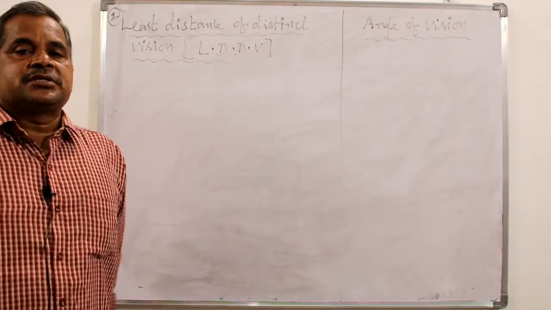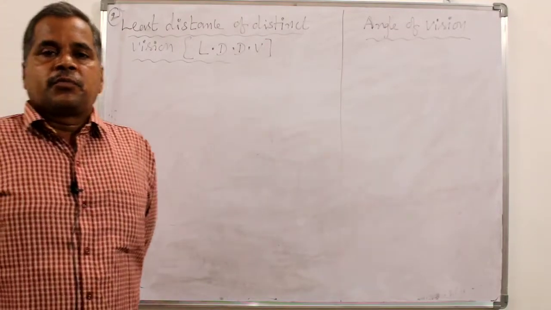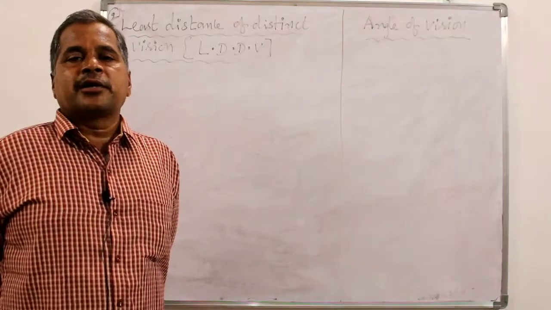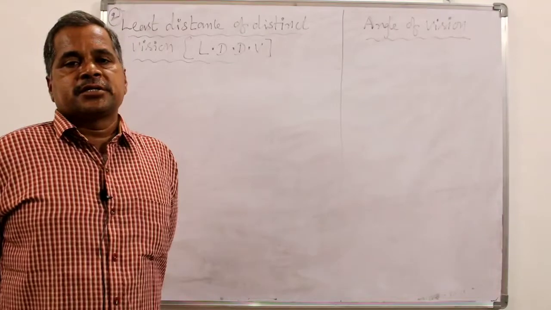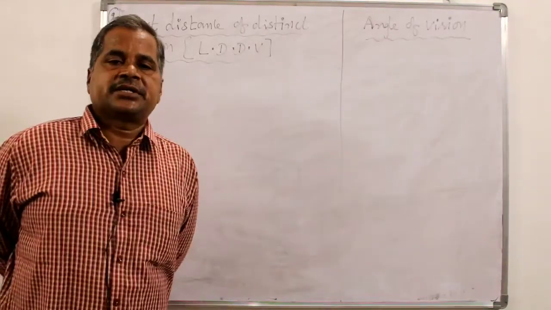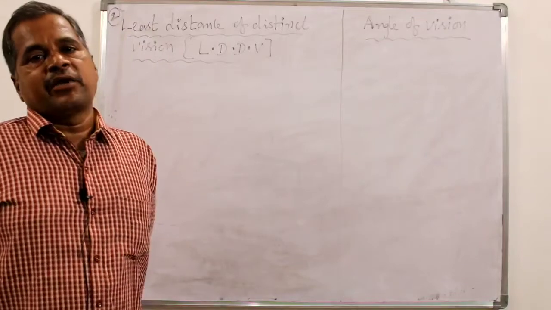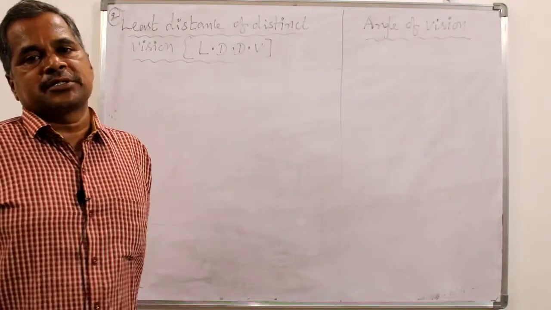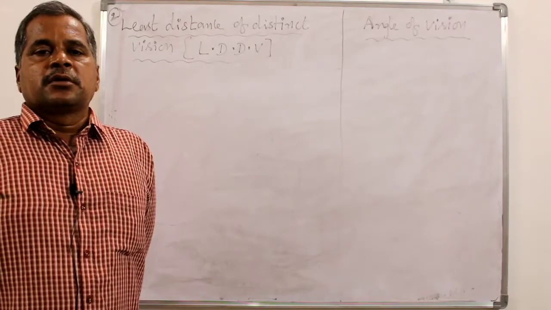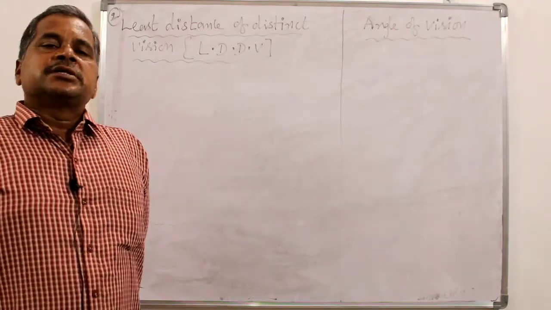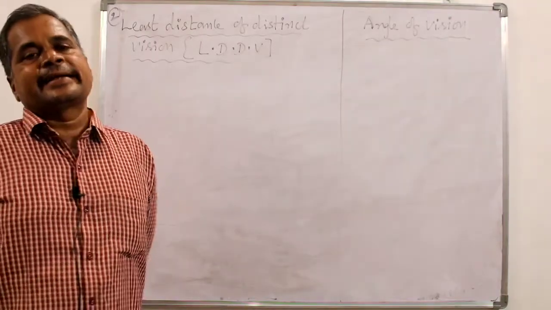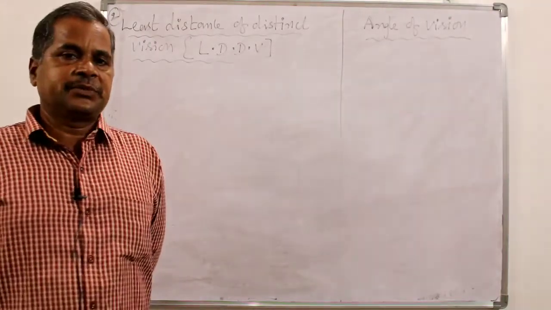Do this activity with more persons and calculate the average distance where they get clear, distinct vision of the letters. The average distance for all those persons is nearly 25 centimeters.